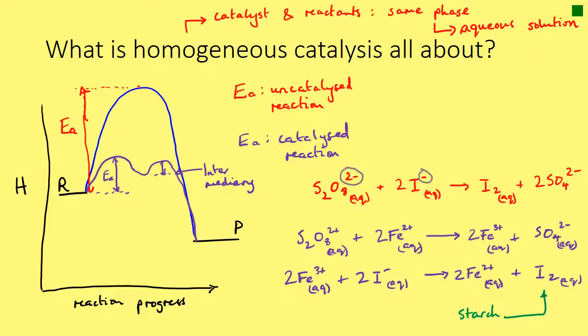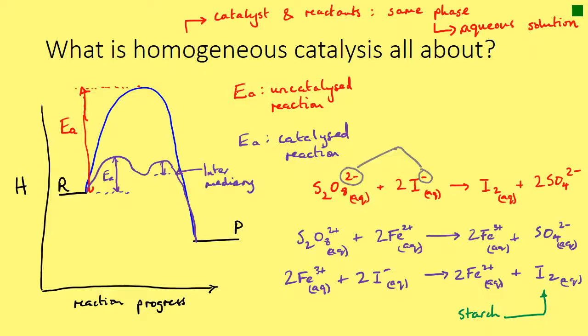And the other interesting thing is that our 2 negative ions repelling each other is the reason why the reaction wouldn't happen fast enough in an uncatalyzed way.